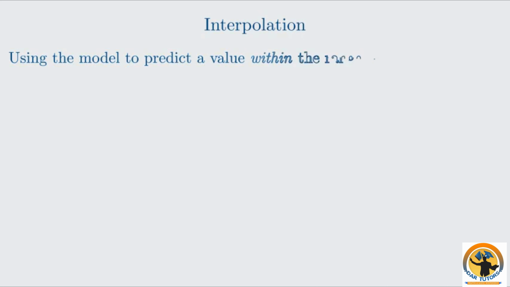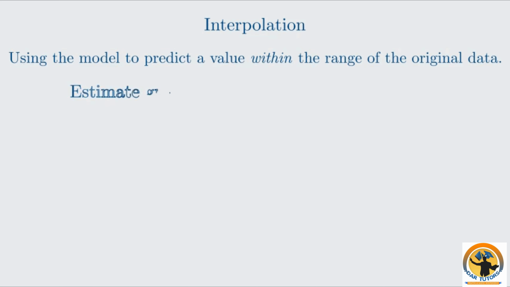Now that we have the regression line, we can use it to make predictions. Let's start with interpolation. Interpolation is when we use the model to predict a y value for an x value that lies within the range of our original data. For example, our income data ranged from 25 to 64,000 pounds. Let's estimate the weekly grocery bill for a family with an income of 45,000 pounds.